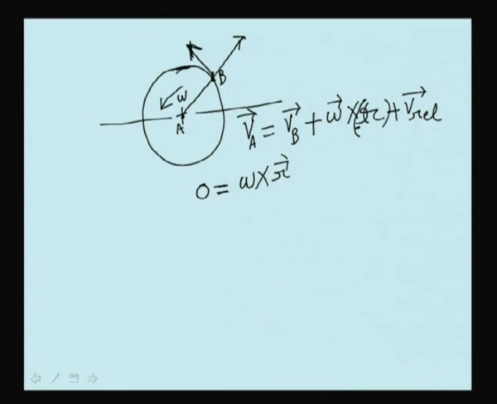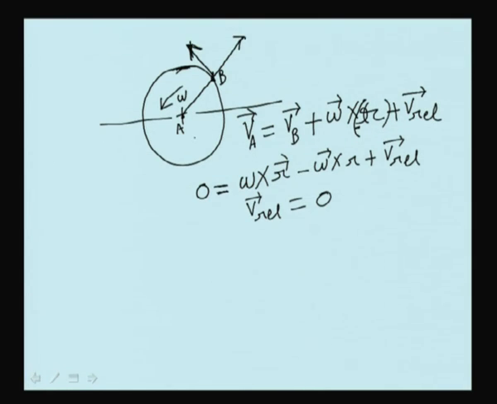So, this becomes omega cross R minus omega cross R plus VL, which gives us VL equal to 0. That means, if a particle is placed at B and an axis system is attached with that particle, the particle will observe that the center is at the same position, and therefore you are getting VL equal to 0.